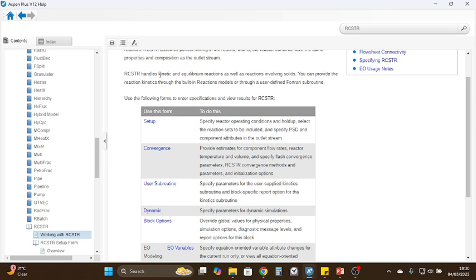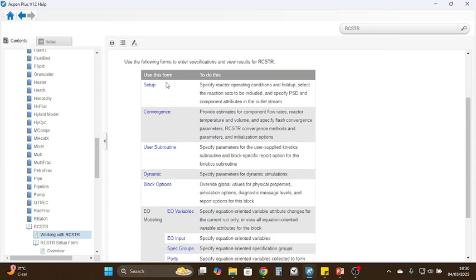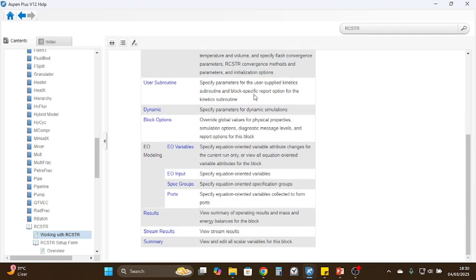RCSTR handles kinetic and equilibrium reactions as well as reactions involving solids, and we can provide the reaction kinetics through built-in reaction models or through a user-defined Fortran subroutine. Since the reaction is defined to us, we won't be using a user-defined Fortran subroutine. These are the forms that we get in the RCSTR model. We are going to look at them one by one.